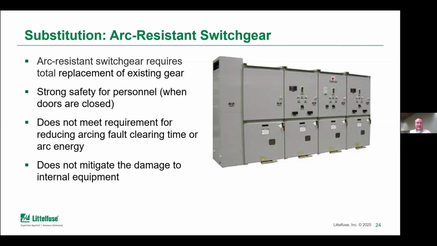And if you're in an area where there's a code requirement to reduce the energy or reduce the fault clearing time, this is actually not going to satisfy that requirement. So it is an excellent thing as far as safety is concerned, but it still is going to have damage to the equipment in the case of an arc, and still may not meet the requirement to reduce the arc energy. But it's something that could be done perhaps in concert with other items that we'll talk about here.